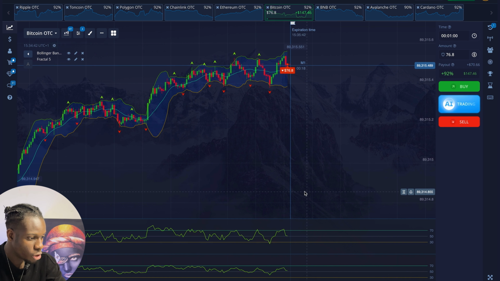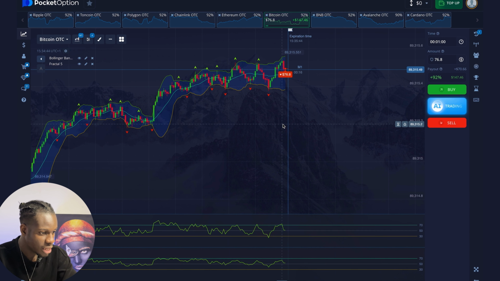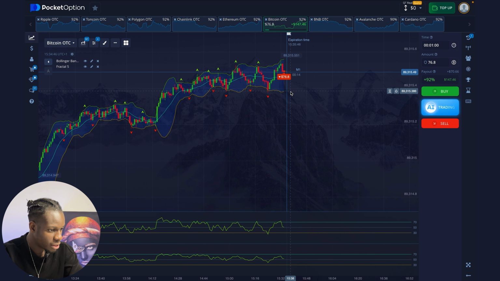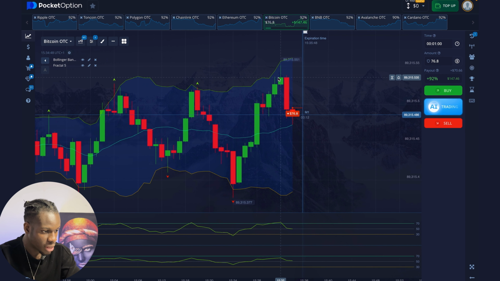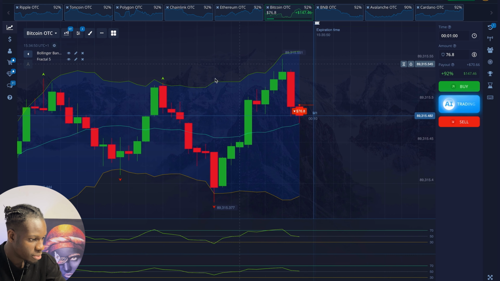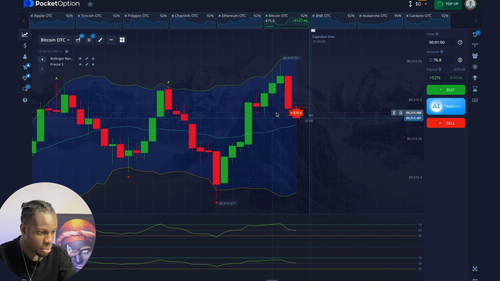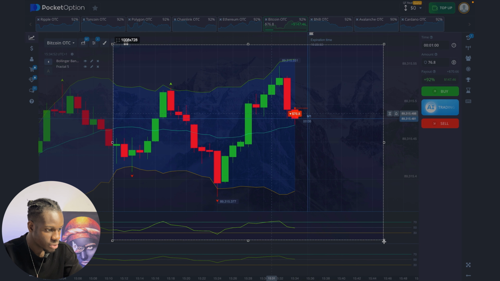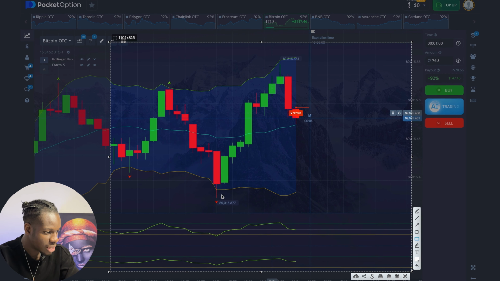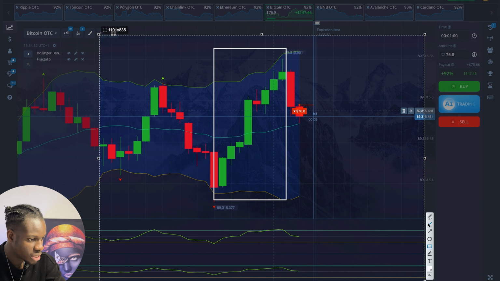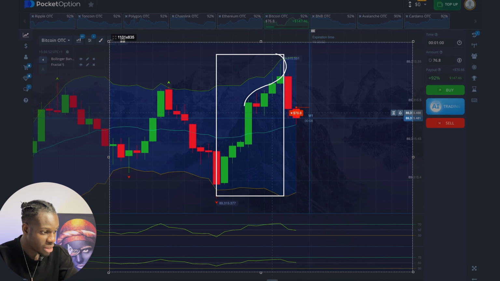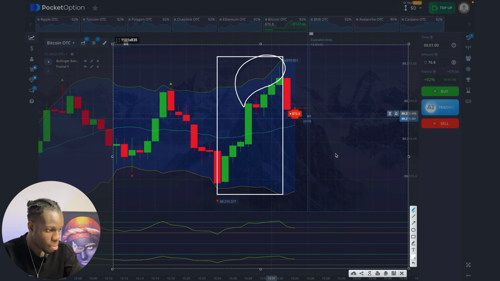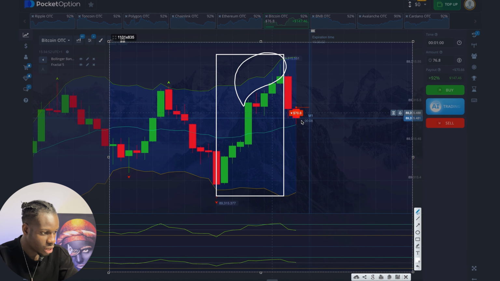Okay guys, so for this one we opened a short trade, as you can see, and there was a pullback during the upward trend. Before this, you can see there was a strong upward breakout, and even though the Bollinger Band wasn't touched yet, which would have made this entry a lot safer, I relied on the oscillators.